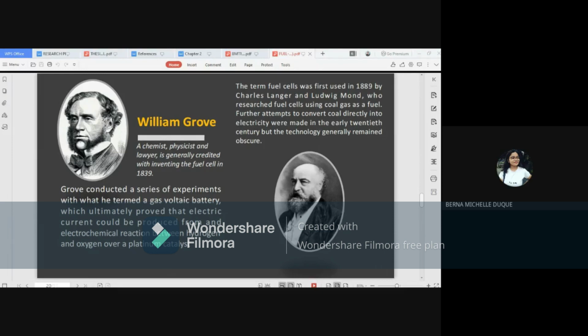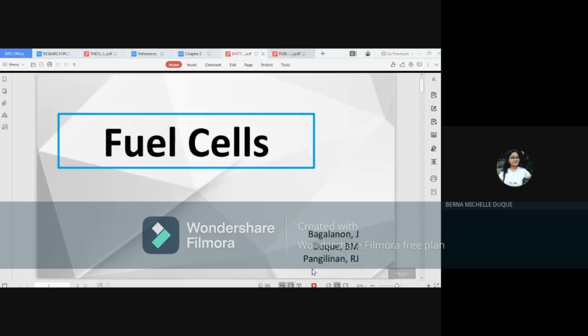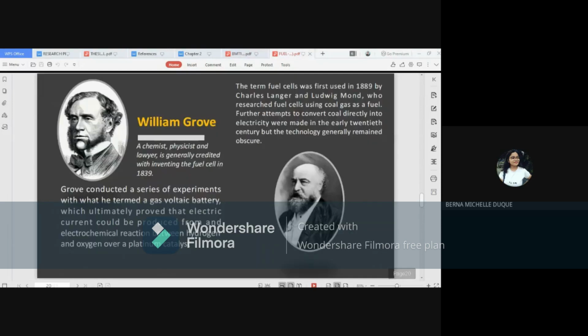Then over time, the term fuel cell was coined by Charles Langer and Ludwig Mond, who researched fuel cells using coal gas as a fuel. Further attempts to convert coal directly into electricity were made in the early 20th century, but the technology generally remained obscure.